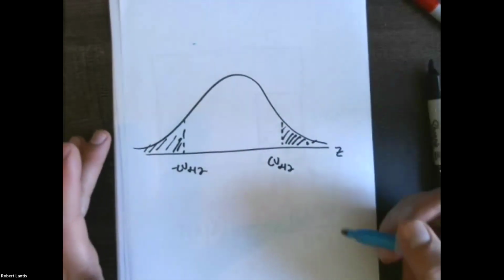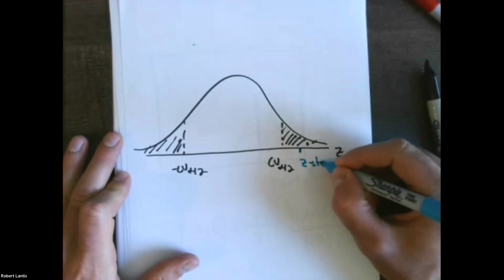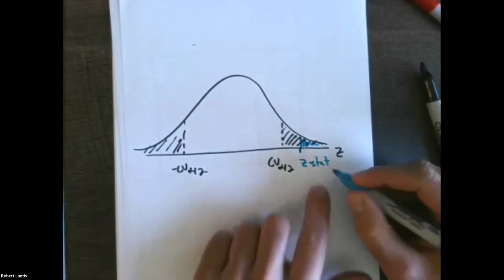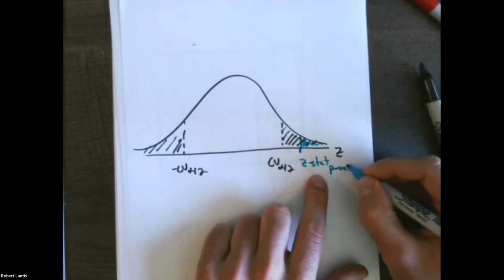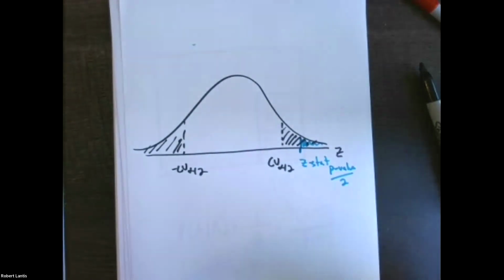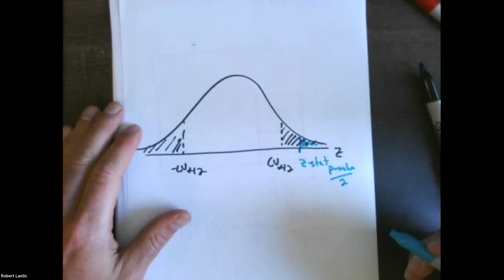Once I find my test statistic, this z statistic, the area to the right of it is going to be associated with half my p-value, which is why when we're using the p-value approach, we took this area and multiplied it by 2.